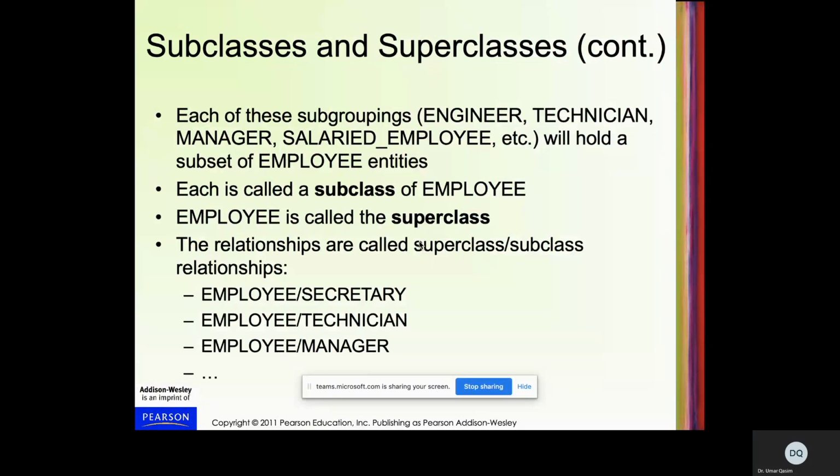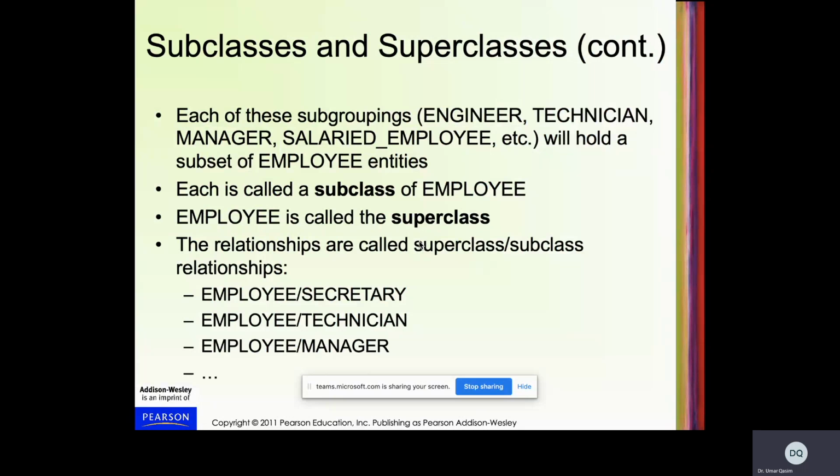Each of these subgroupings holds a subset of employee entities. So there is an employee, and this becomes a subset, whether they are an engineer or a technician or a manager or a salaried employee. All of these are subsets. Each of them is called a subclass of employee. Employee is their superclass. So this relationship is basically a superclass-subclass relationship.